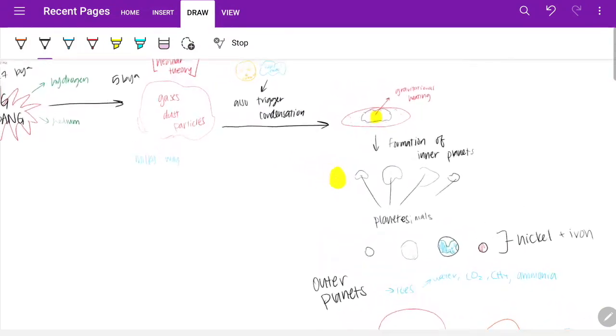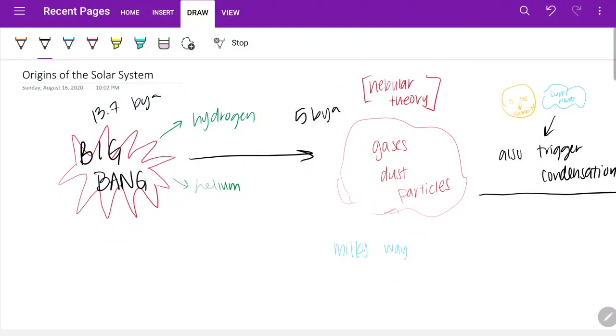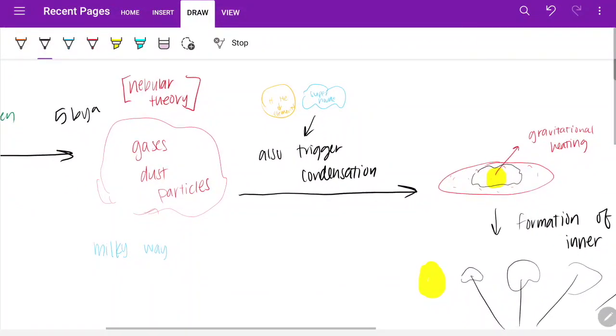So today we went over a quick review of how our solar system actually formed. This entire journey starts off with the Big Bang that releases the two fundamental building blocks for our universe, hydrogen and helium, that then form gas and dust clouds, and the specific cloud that helped form our solar system is known as the solar nebula.